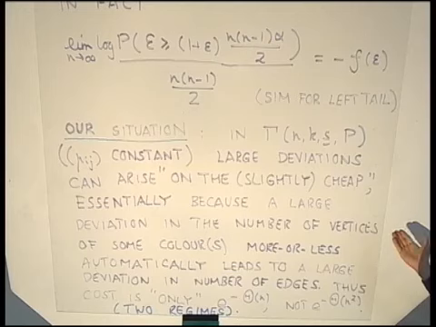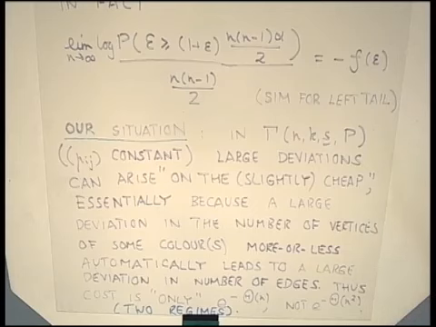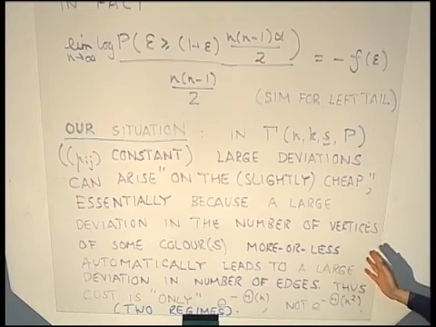Even if they then behave typically, you will get an unusually large number. So you're beginning to chip away at this notion that large deviation is always minus the number of edges or whatever it is that you're adding up. You can get it with this correlation structure on the slightly cheap.